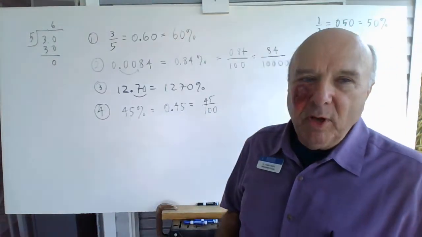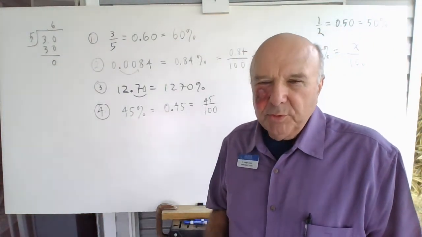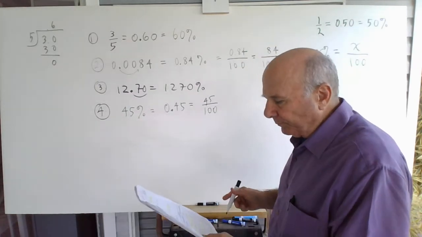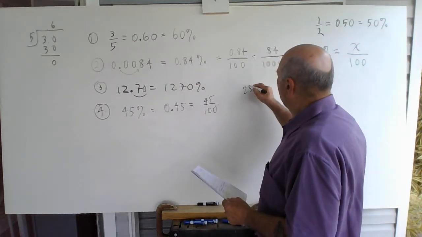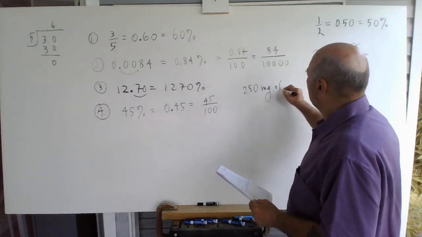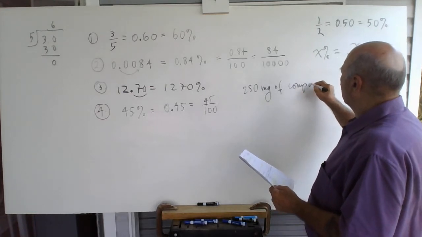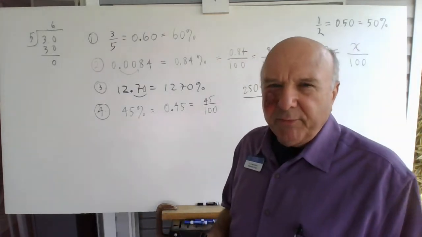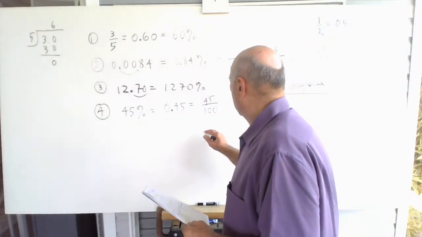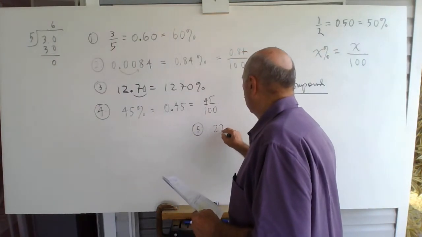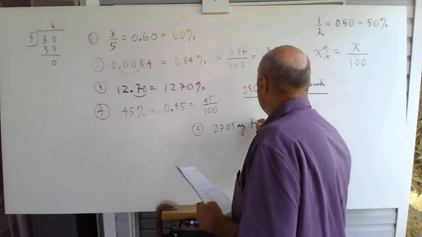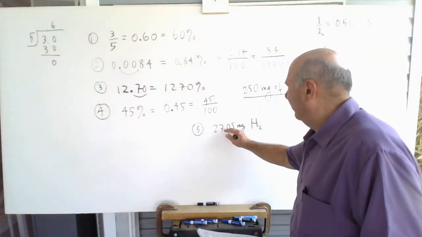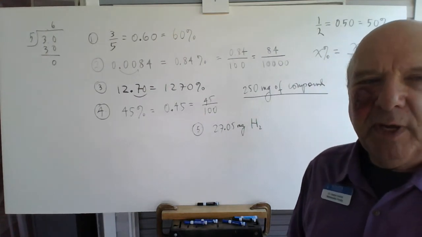Okay, to calculate, we always have to change it to a decimal or a fraction. We can't calculate with percent. So if there's 250 milligrams of compound and 27.05 milligrams of hydrogen.